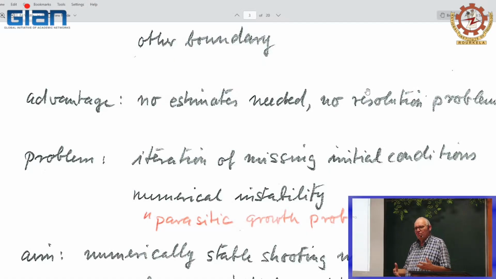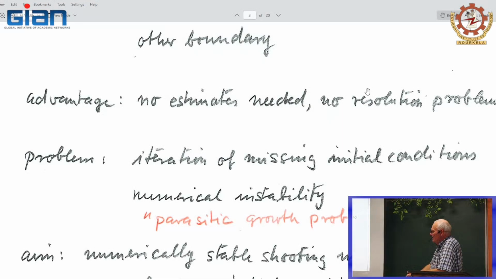The advantages of a shooting method: no resolution problem, and no principal problem of determining the eigenfrequency. So the aim would be to have a numerically stable shooting method.